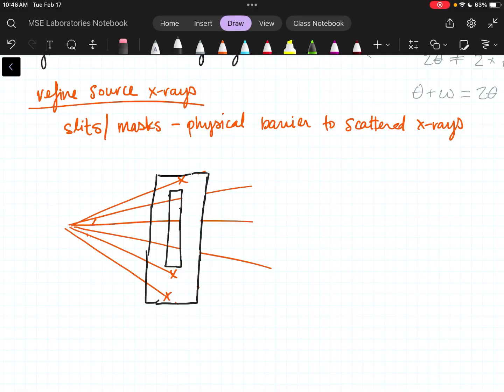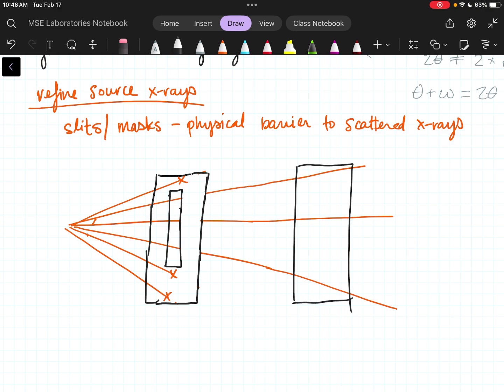So it just lowers the scattered X-ray, it doesn't really stop everything. Yep, so it's going to stop those x-rays that would have come out at really wild angles off of my one expected angle. And then I could set another mask, so these are going to continue moving outward, right?